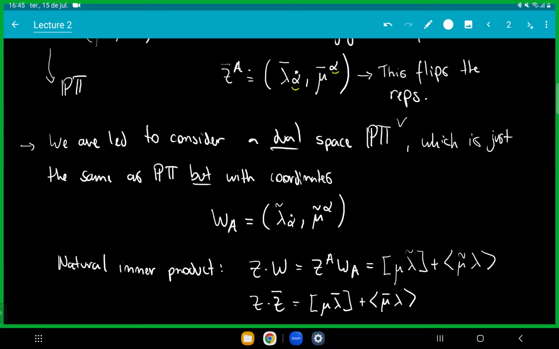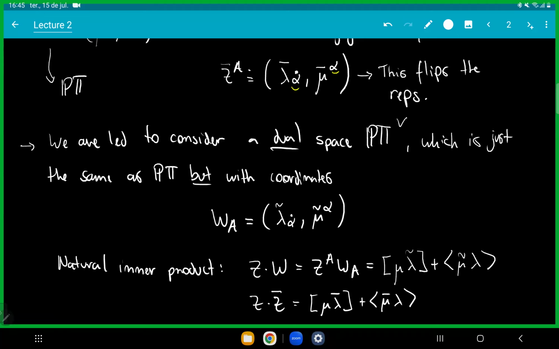So what I'm effectively doing when I define this dual space, I declare that the complex conjugates of those coordinates are the subset of this PT such that you have this kind of relationship over here. So this is the formal way of defining these things.